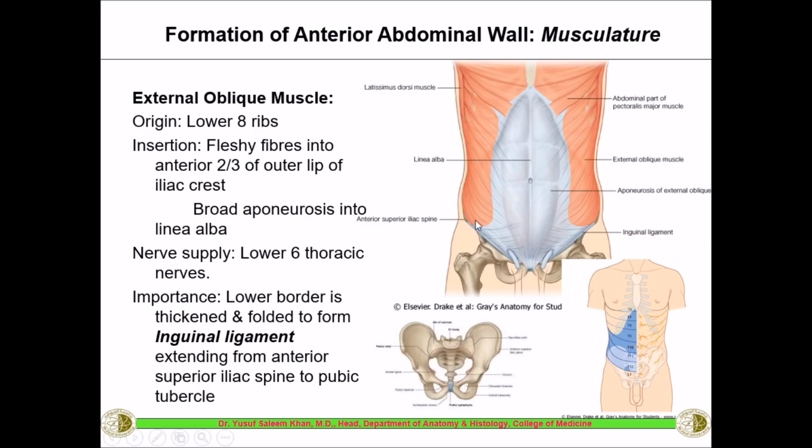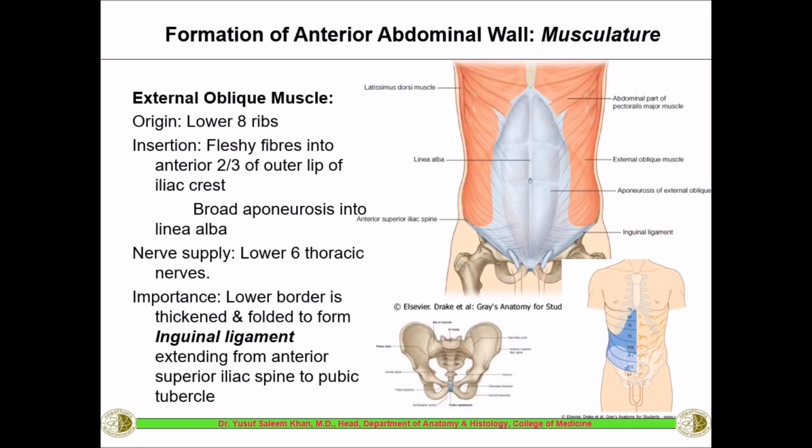But here, this is not a true ligament, but it is part of the external oblique muscle. Because it is between two parts of the bone, the anterior superior iliac spine and the pubic tubercle, that's why it is called the inguinal ligament. It is part of the external oblique muscle which has twisted below.